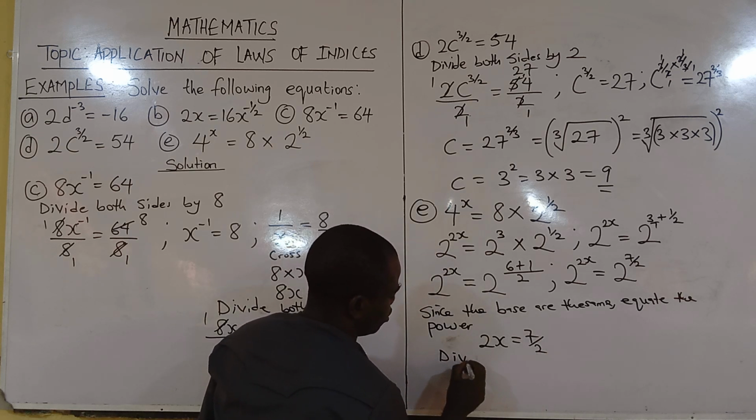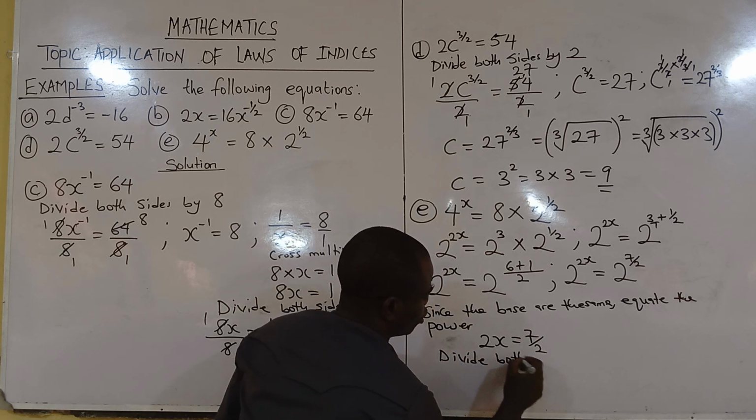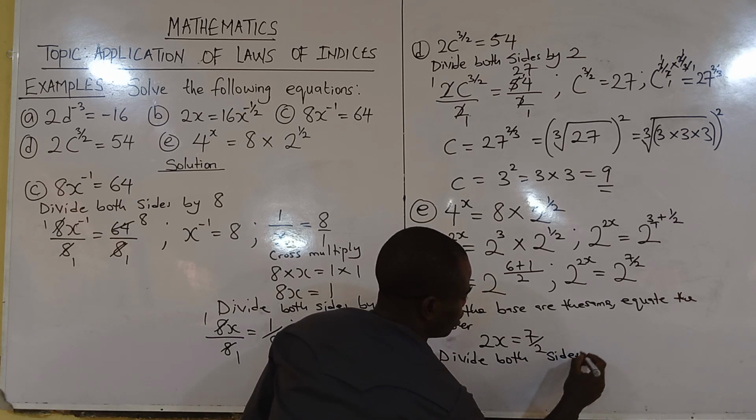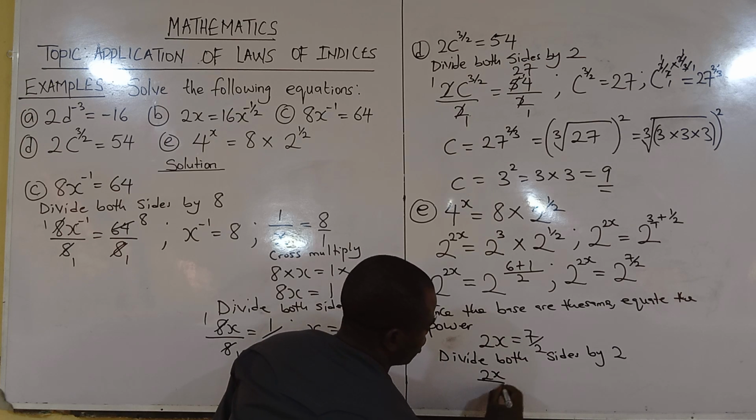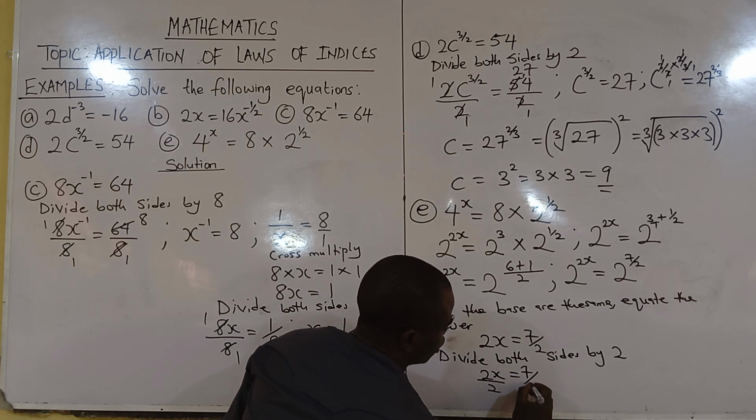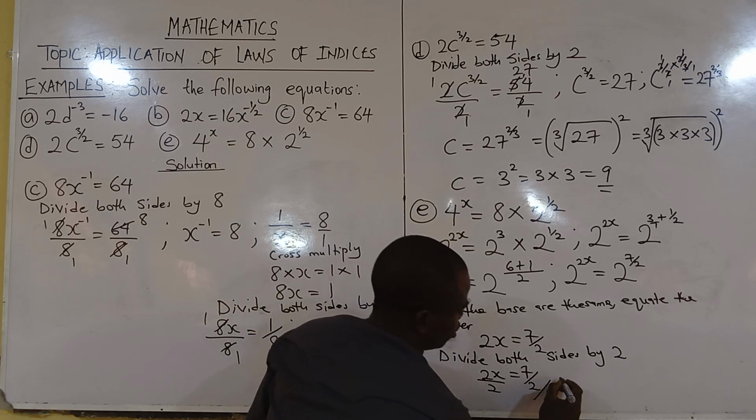Divide both sides by 2. Now we have 2x divided by 2 equals 7 over 2 divided by 2.